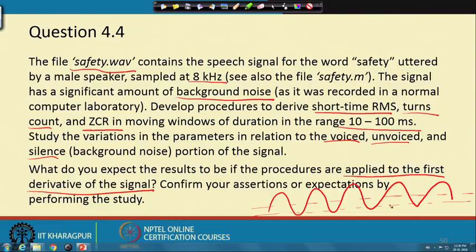So, zero crossing rate would be biased if a DC bias is there, or baseline wandering is there, or there is a pedestal. When we take the first derivative, we can get rid of that. Then the zero crossing rate should be better.